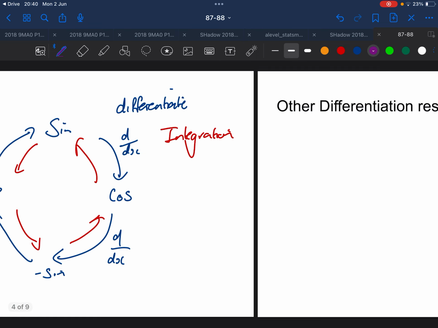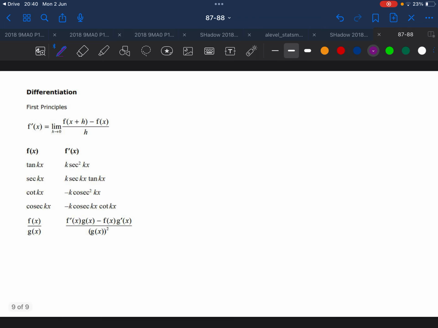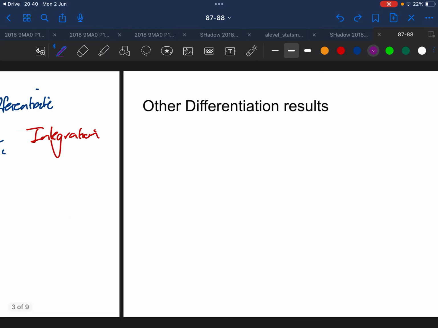Okay, now there are some differentiation results that are not given to you. If I just zoom ahead a little bit, this is from the formula booklet. Now, I've previously said that I think knowing these results is really, really helpful, and I'm going to talk more about this in the next video. But you'll see that for trig, apart from sine and cos, it's pretty much all there. Okay?